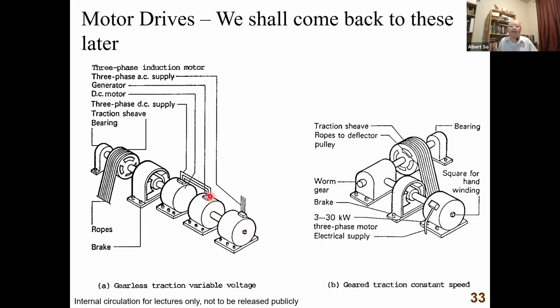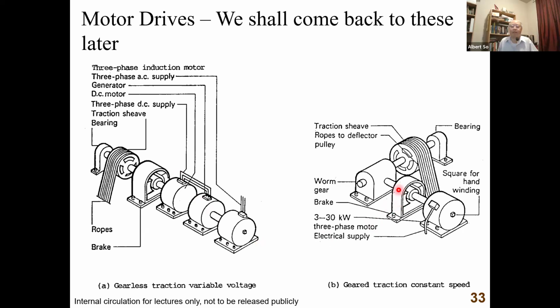By driving the DC generator, you generate voltage to control the DC motor. Nowadays we don't have this anymore. It's called an MG set, motor generator set. No MG set anymore nowadays. So you use a power electronic drive directly, energizing the motor. We'll talk about that towards the end of the course.